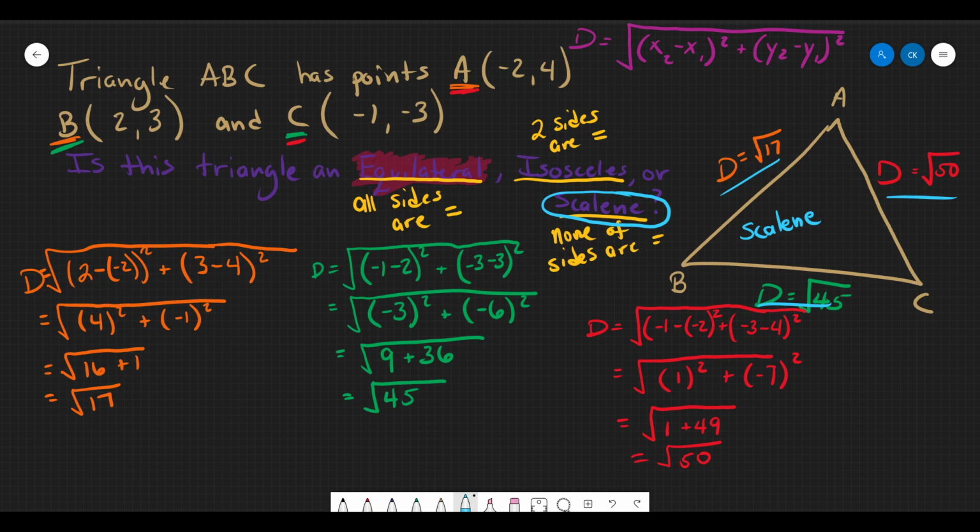If I'm giving you a triangle and I want to know what type it is, you have to find the distance of all three sides. So side AB, side BC, and side AC. And then just look at the distances. If two of those distances are the same, then it's isosceles. If they're all the same, then it's equilateral. And if none of them are the same, then it's scalene.